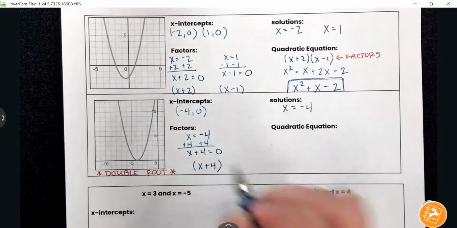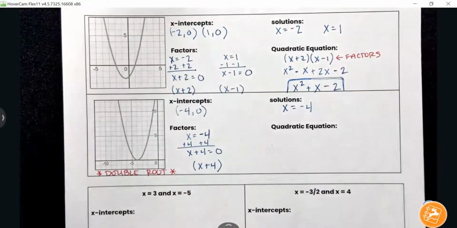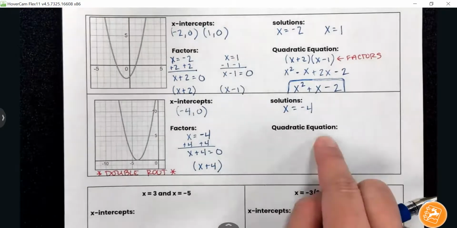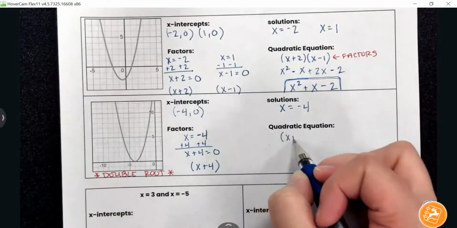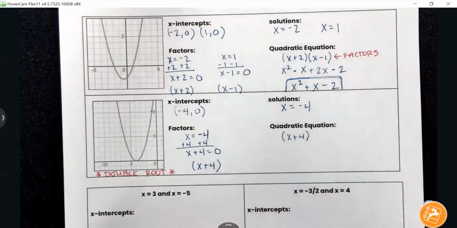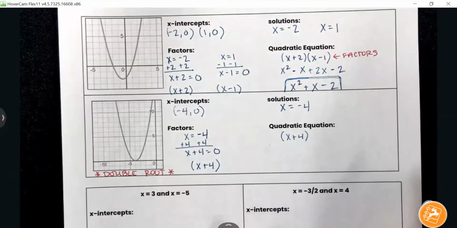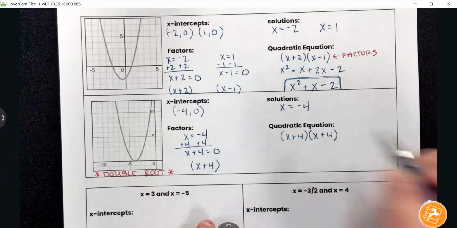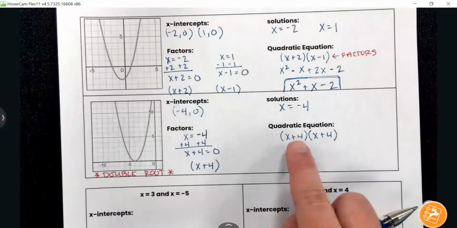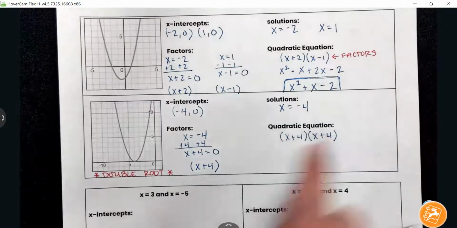X plus 4. Now here's where you have to understand it's a double root. Quadratic equation, quadratic, 2 things have to multiply. So if I have x plus 4, what's the second factor that has to multiply with it? X plus 4, the exact same thing.